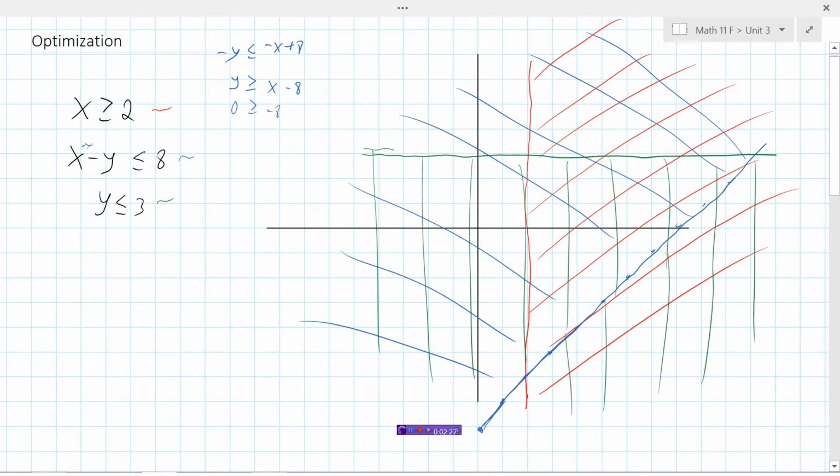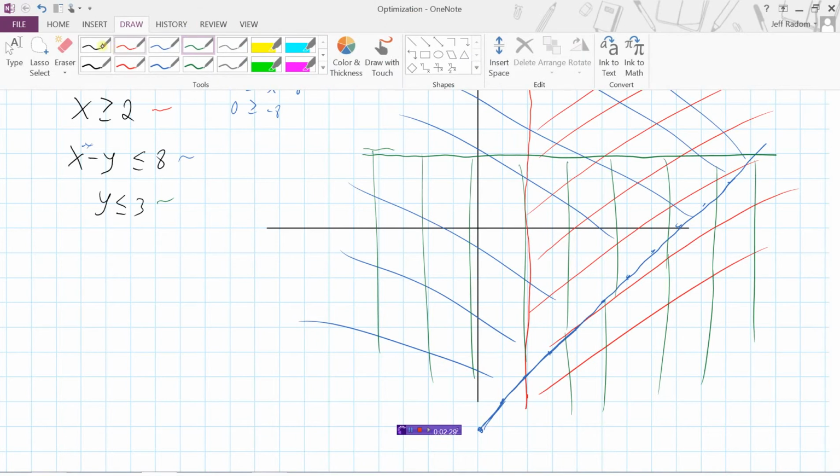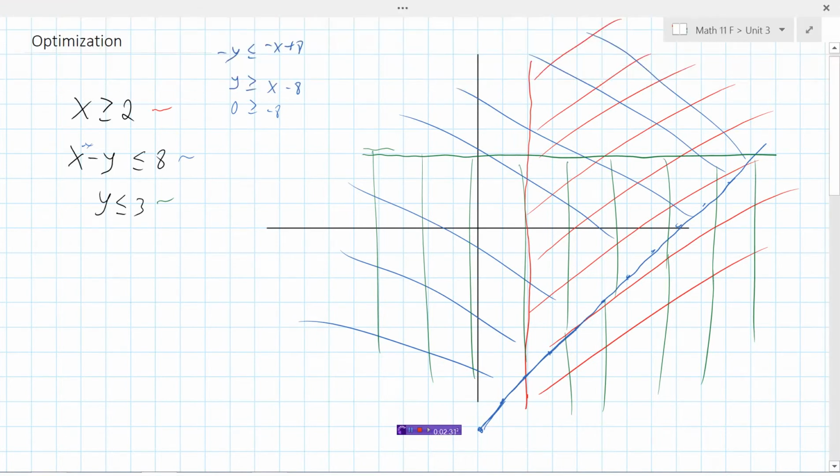So if I'm looking for the region that satisfies all of these conditions, I'm looking at this box, or triangle here, I guess. Right here.